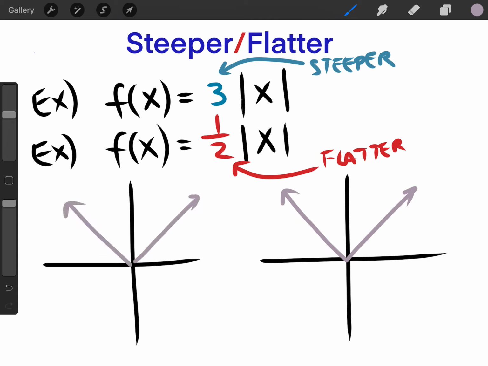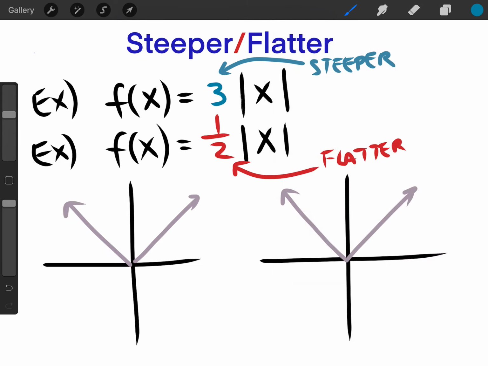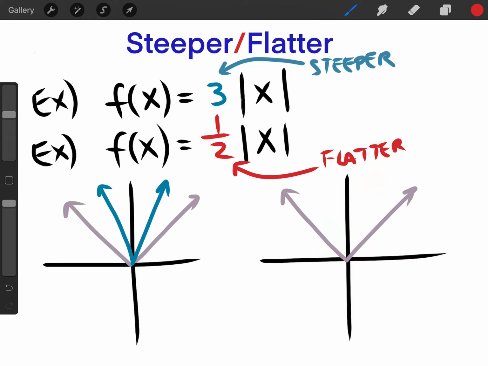What happens if it's steeper? You draw a steeper V. This time I'm not going to label it, because I don't want to make it too messy. If it's level 1/2, you want to give me a flatter V. It's going to look like this.